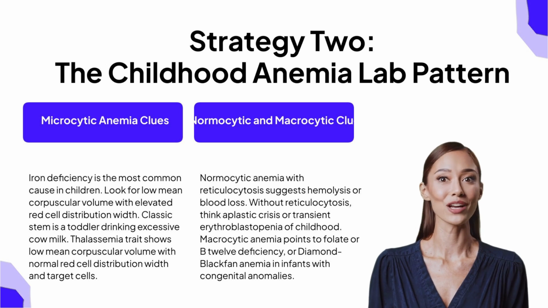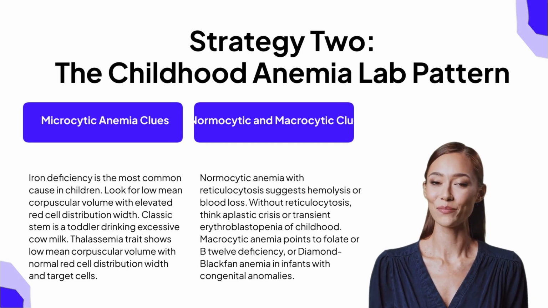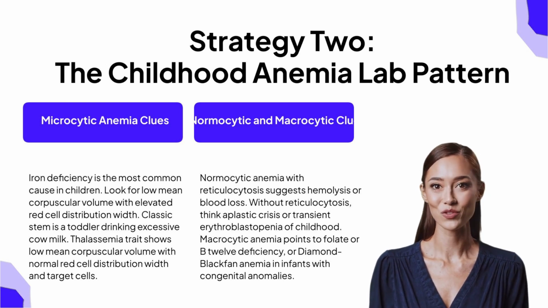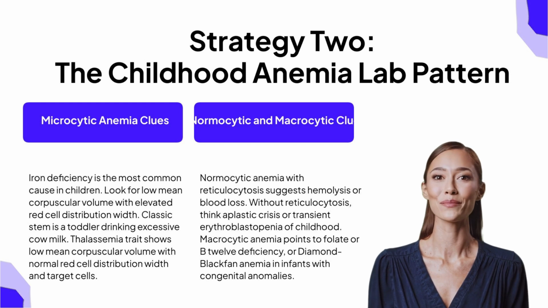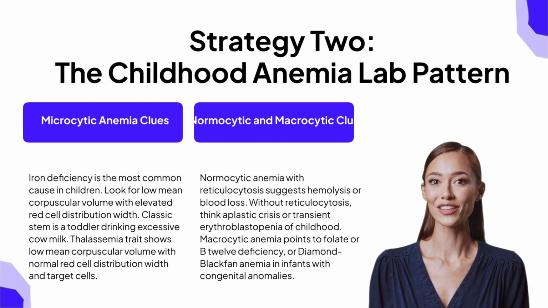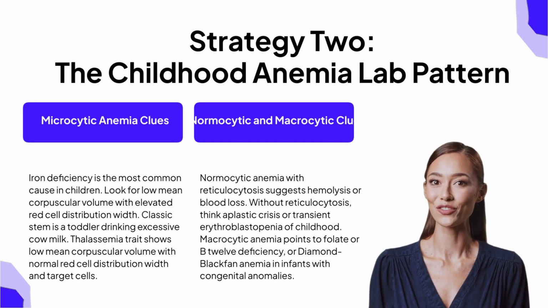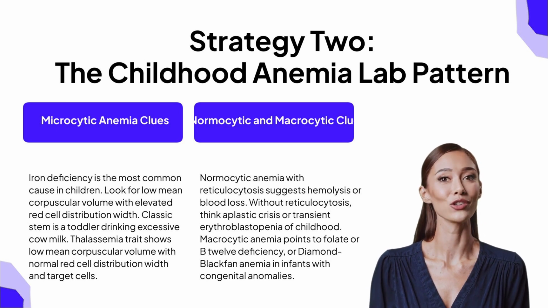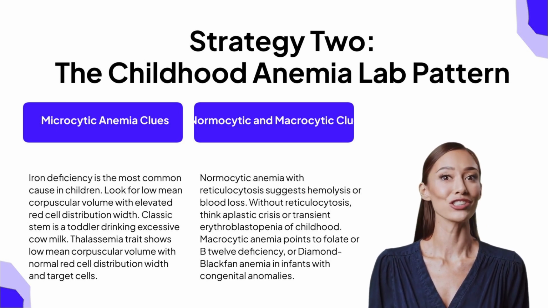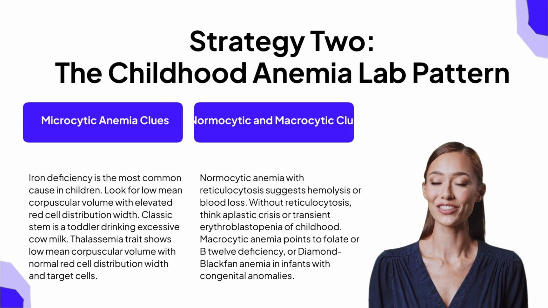Strategy 2 is all about the childhood anemia lab pattern. When the boards give you a child with anemia, your first move is to check the mean corpuscular volume. Is it low, normal, or high? For microcytic anemia, iron deficiency is the most common cause in children. The classic board vignette is a toddler who drinks too much cow milk and not enough iron-rich foods. You will see an elevated red cell distribution width, low ferritin, and low serum iron.